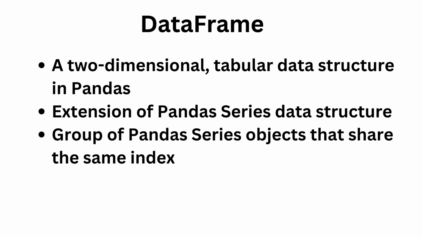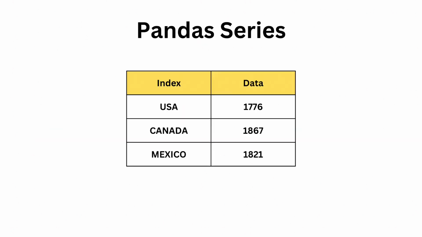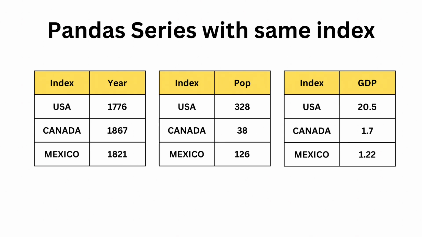So let's quickly define this a little visually. Here we have an example of just a single series, something we're already used to from the previous lecture, where we have a labeled index, and then we have some data columns, such as the year. Now here we have an example of multiple series that are actually sharing the same index.